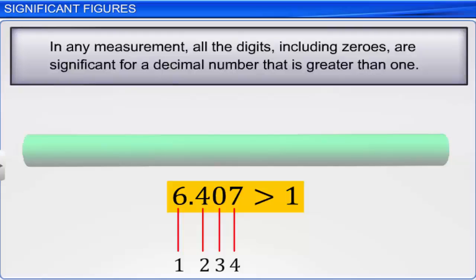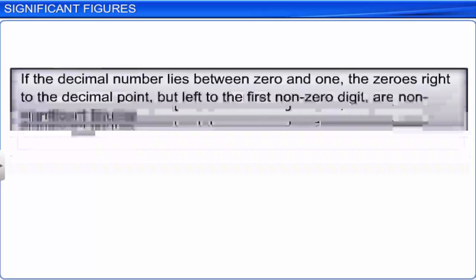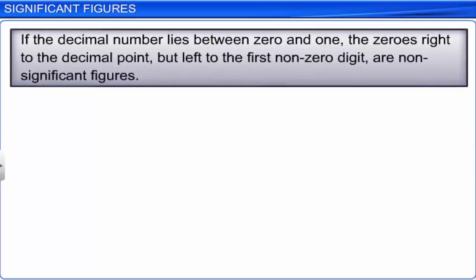The third rule says that in any measurement, if the decimal number lies between 0 and 1, the zeros to the right of the decimal point, but left to the first non-zero digit, are non-significant figures. Consider any number, say 0.006452.